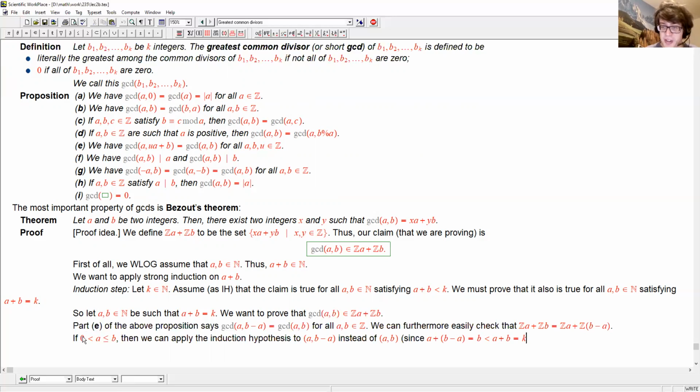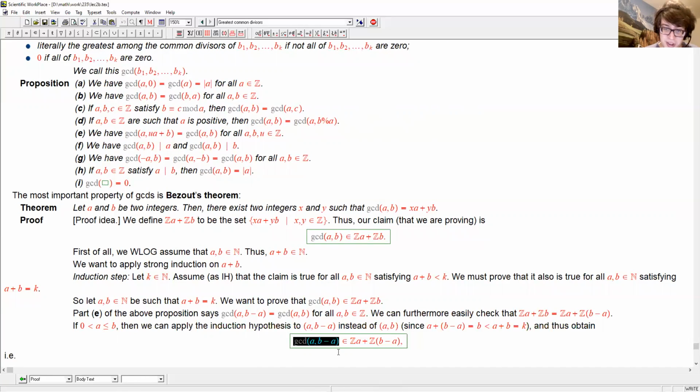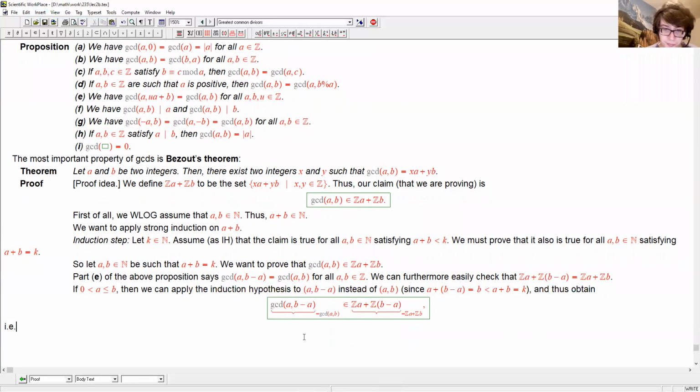And this is K. So A, B minus A is a pair of two non-negative integers with sum strictly smaller than K. And thus we obtain that GCD of A, B minus A is in ZA plus ZB minus A. However, this is GCD of A, B as we have just shown, and this is ZA plus ZB. I'm going to restate this to make this clearer. And so we get exactly what we want.